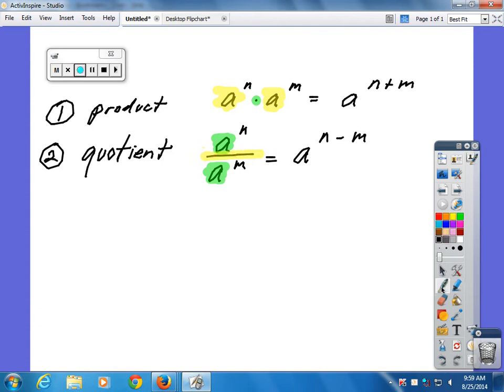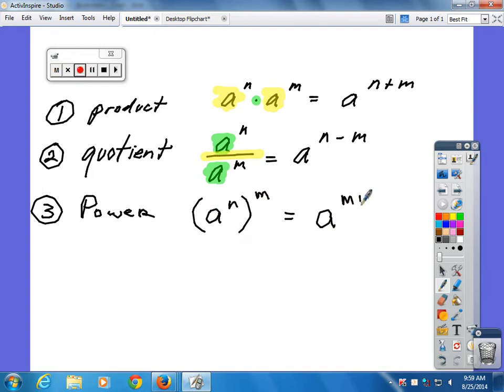Subtract them. The third rule is called the power rule. The power rule says that if you have an exponent raised to another exponent, you can do what with the exponents? Multiply them.